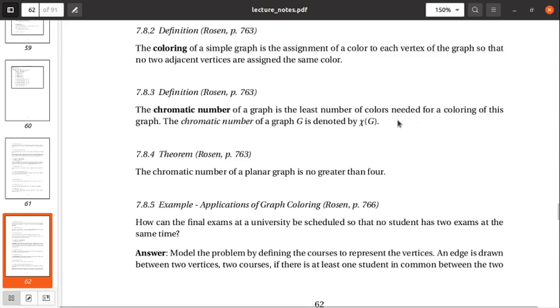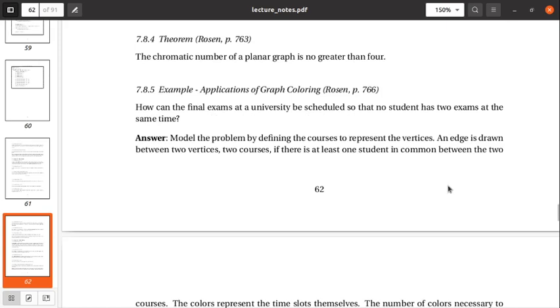The chromatic number of a graph G is denoted by chi of G. And then theorem, the chromatic number of a planar graph is no greater than 4. So you can color any dual graph with no more than 4 colors if you so desire, which is interesting.